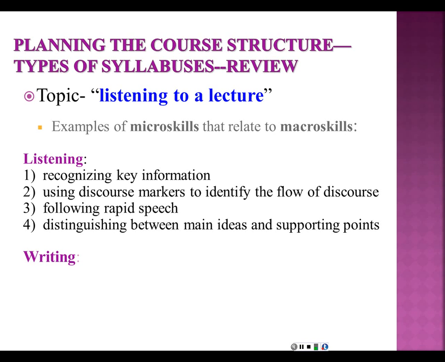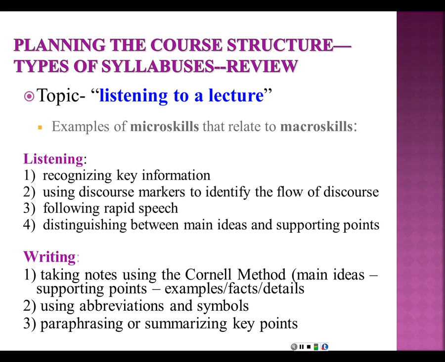You may have noticed that I used the term must be able to. That is specifically how we express objectives, and that is what we will be doing again later when you have to write objectives. Okay, in writing, an example would be taking notes, and this is what I teach in my writing and reading classes using the Cornell method, which is divided into main ideas, supporting points, examples, facts, and details.